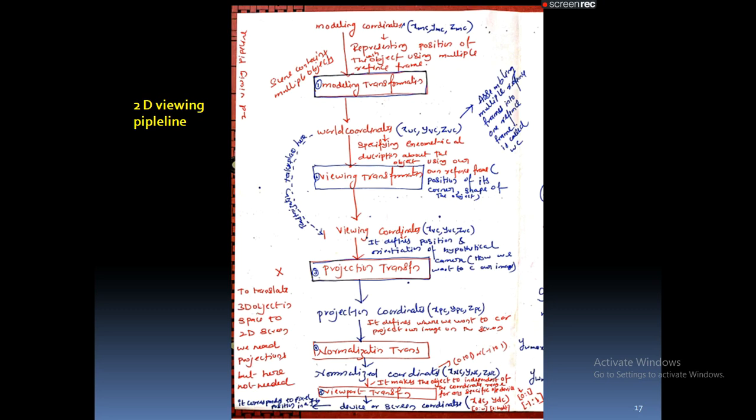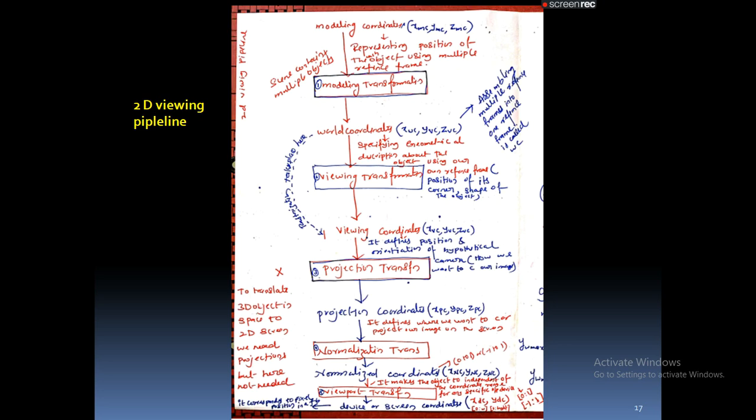So with respect to two-dimensional viewing, when you want to display the created image on the screen of the monitor, you need to perform a sequence of five transformations: modeling transformation, viewing transformation, projection transformation, normalization transformation, viewport transformation.